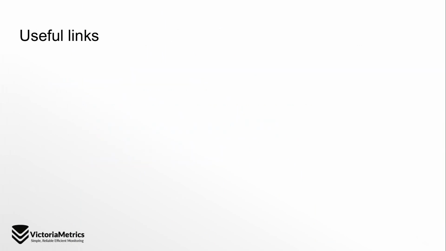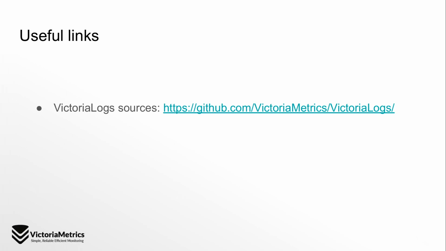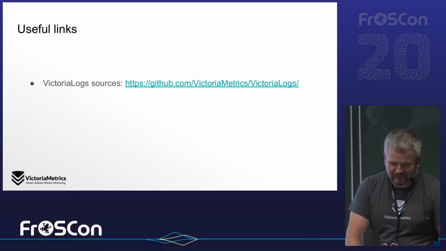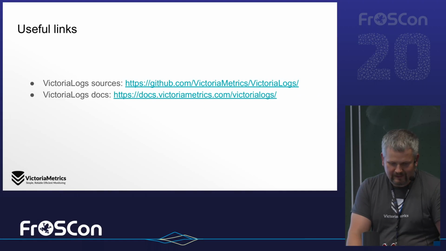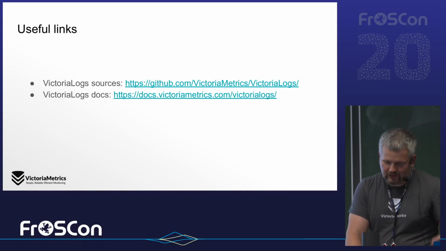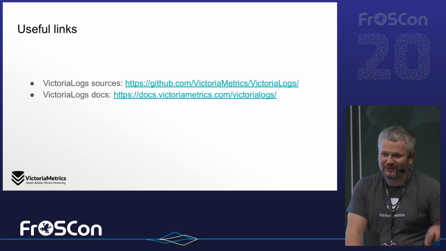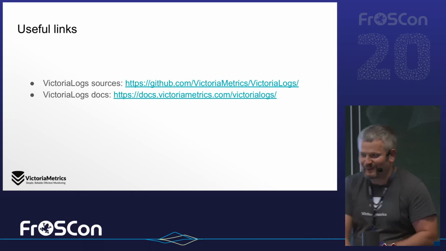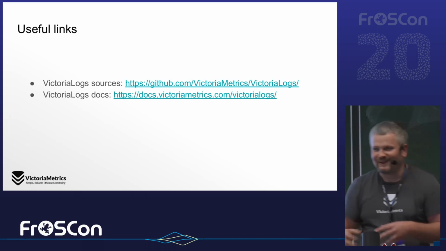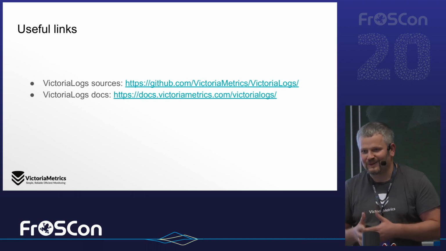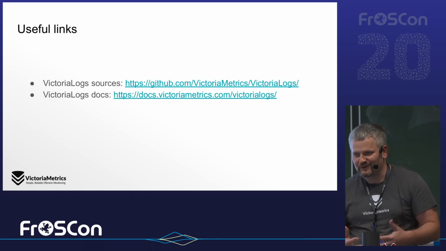So some useful links. The source code of VictoriaLogs is located on GitHub. VictoriaLogs also contains, I would say, better than average documentation for open source projects, because I'm very picky about the quality of documentation.